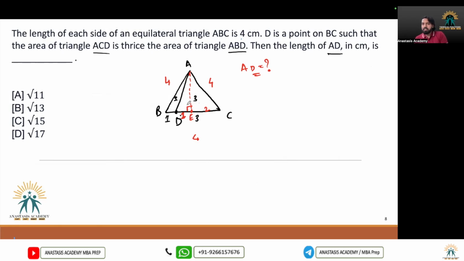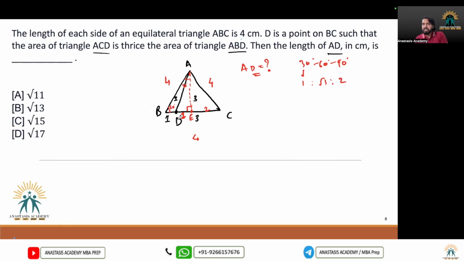Why? Because let's just assume this triangle ABE is a 90, 60 and 30 triangle, correct? I know in a 30, 60, 90 triangle, sides opposite to 30, 60 and 90 are in the ratio 1:√3:2, correct?